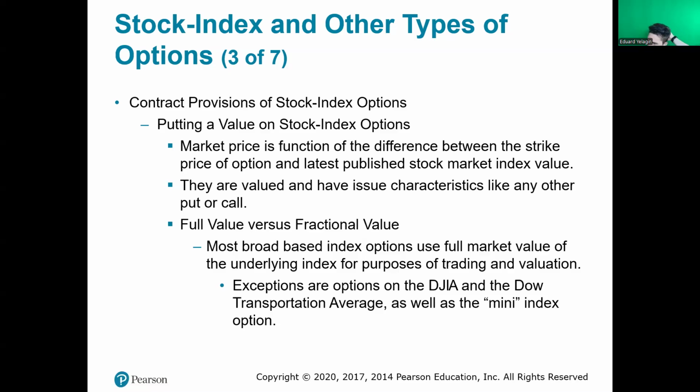The smaller contracts make index options accessible to individual investors by reducing the contract dollar value. So whether you are trading the full S&P 500 or a mini Dow option, the principle is the same. Each represents a leveraged bet on the direction of the entire market.